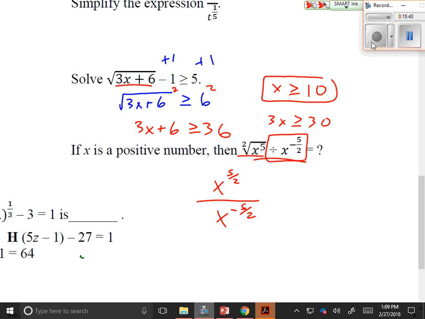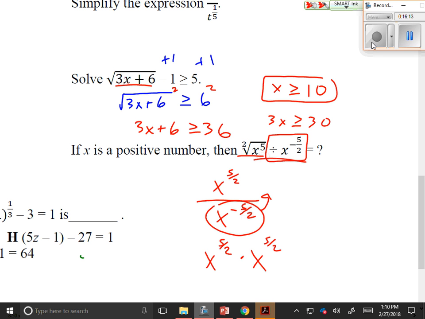So you can look at it as subtracting a negative, or you can first move this to the numerator and make both of their exponents positive, and you get x to the 5 halves times x to the 5 halves. Now they're both positive with like bases, so I add the exponents together.